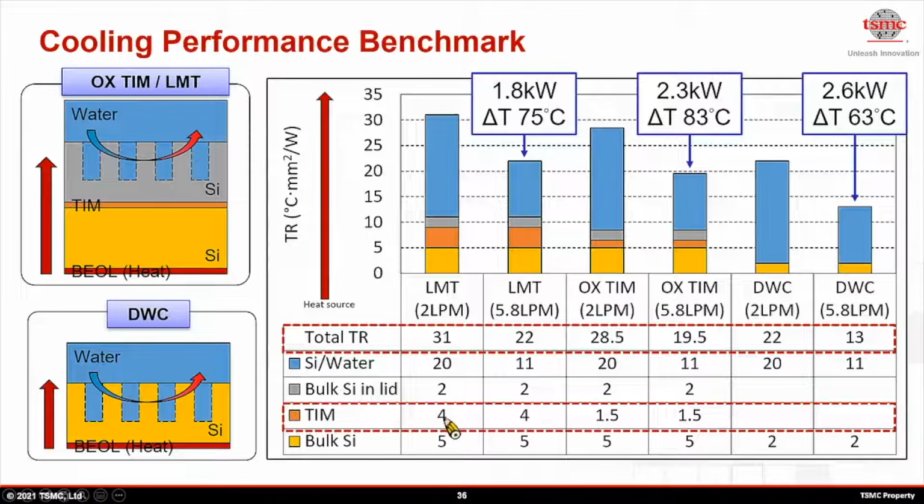The tin itself shows 4. This is okay, I didn't include the unit. So this is the total resistance: 4 for the liquid metal tin, 1.5 for the oxide tin, and it's 0 for direct water cooling, because the tin is totally eliminated.